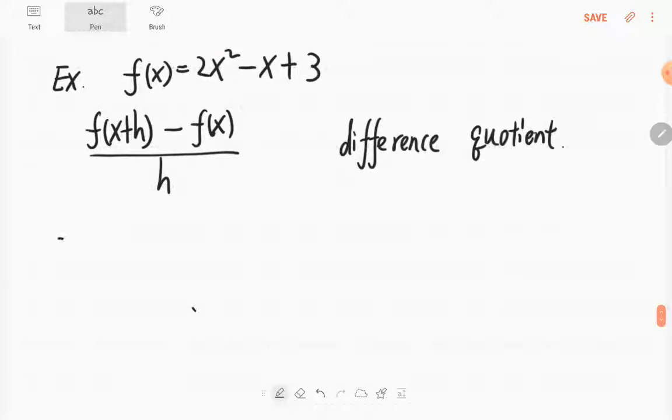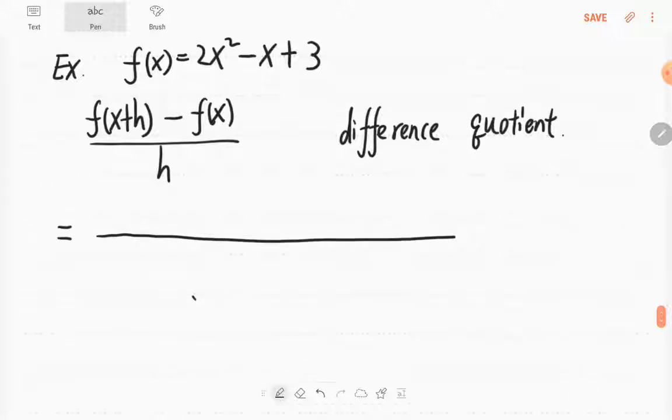So let's calculate what this is. At this level, we just need to know how to calculate this one. We just plug in. So here, the input is x plus h. We just replace the x with x plus h.